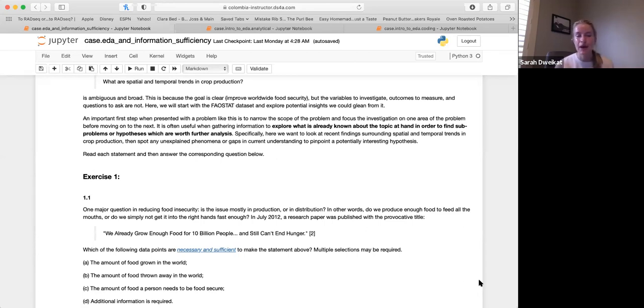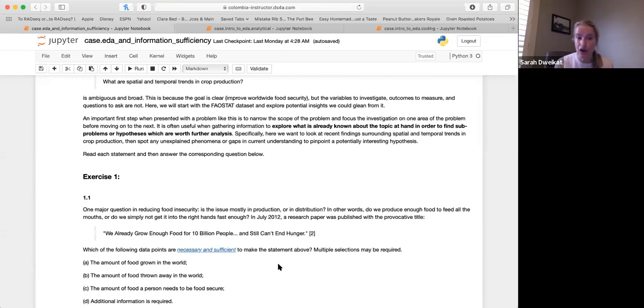So when you're thinking about what is necessary and sufficient for this question, you need to think about whether, if we had these statements, and you can make multiple selections here, that data would be necessary to say that we grow enough food for 10 billion people, and it would also be sufficient.